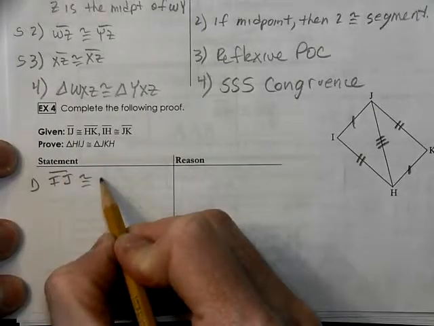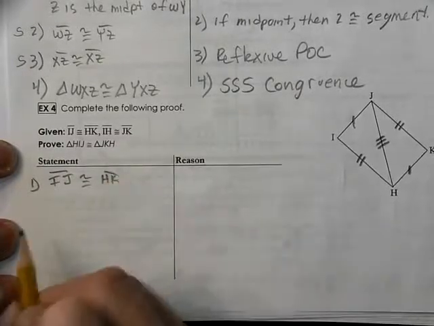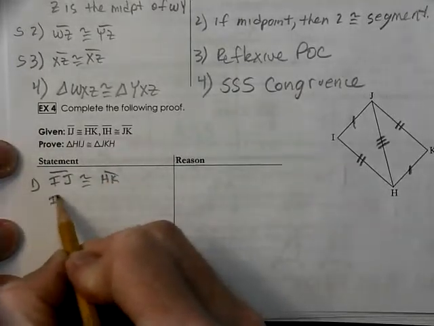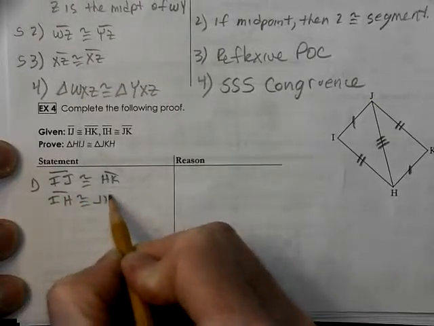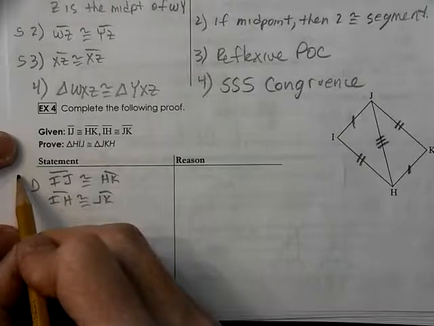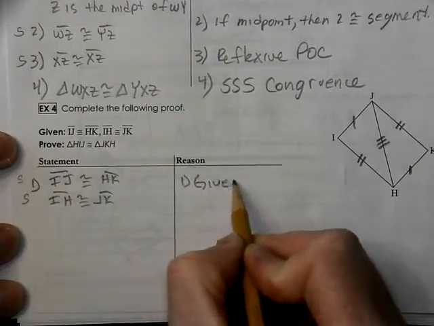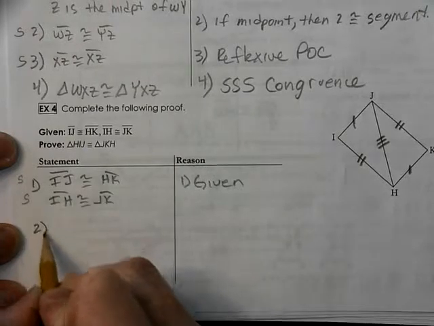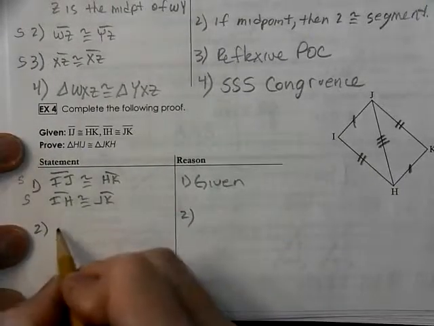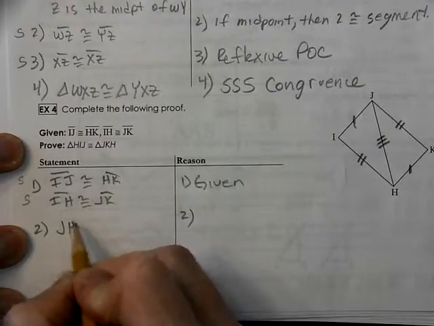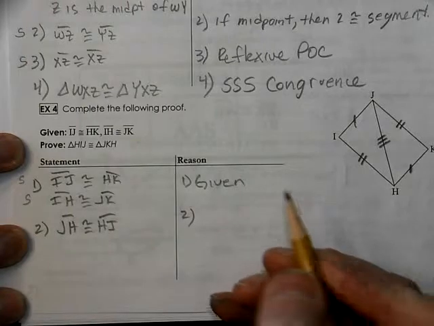IJ is congruent to HK, and IH is congruent to JK. Those are two sides, and that's all part of our given. The other part of information that we know for sure is that JH is congruent to HJ.